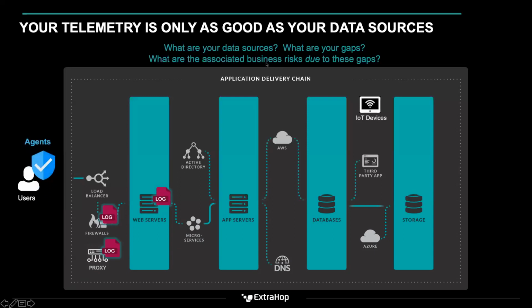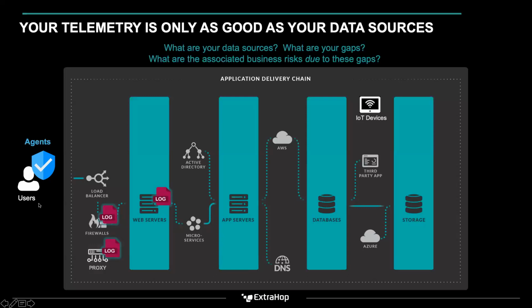The second telemetry source could be your agents. Now, from a security perspective, these things are called EDRs, which is endpoint detection and response agents, or next-gen firewall or AV agents. Think about CrowdStrike, think about Carbon Black, think about Cylance, think about Sophos. All of these things eventually get deployed on the endpoints from a corporate user perspective, right?